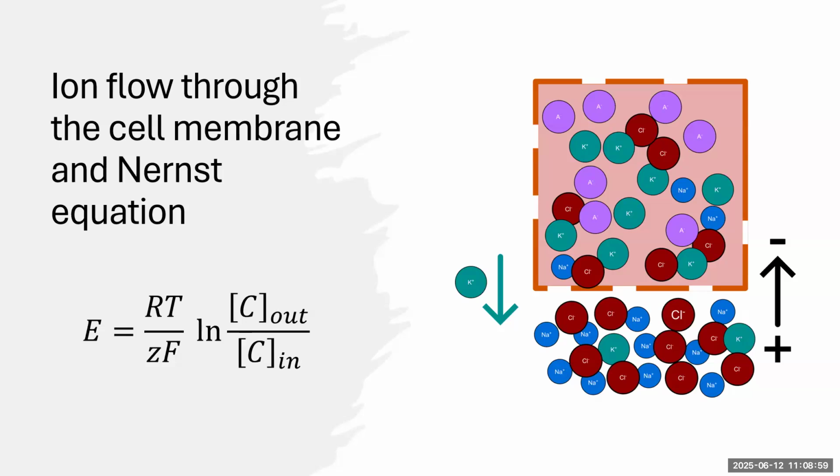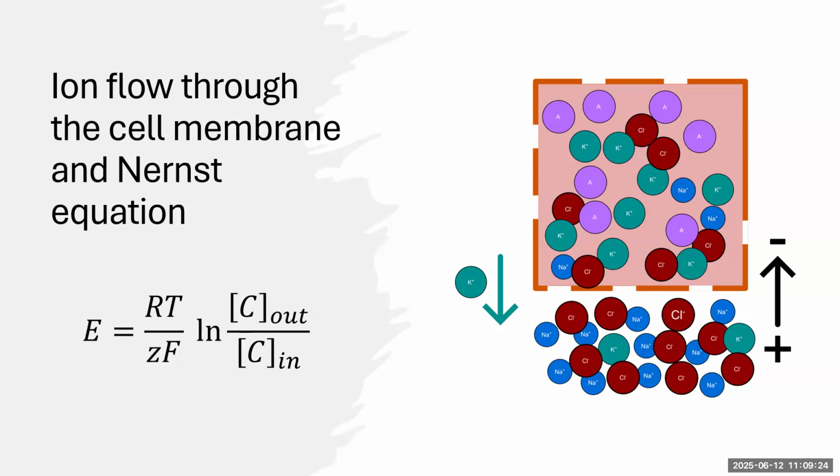And for each ion, if you look at one ion in isolation, you will see that it has a specific equilibrium potential. Naturally, for example, potassium has higher concentration inside. So whatever the cell's resting state is, there will be a certain concentration of potassium. If you took away the voltage difference, then what will happen?